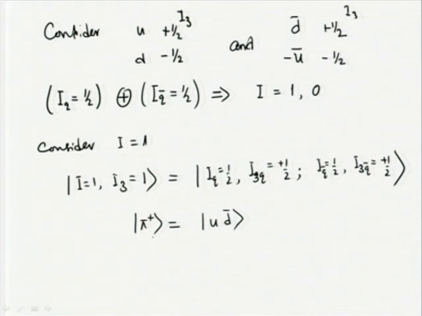For that, you consider this I equal to 1, I3 equal to 1. The usual way to do it is to operate the step down operator on this I equal to 1, I3 equal to 1, and we will get something into I equal to 1, I3 reduced by 1 unit and equal to 0. What is this something?